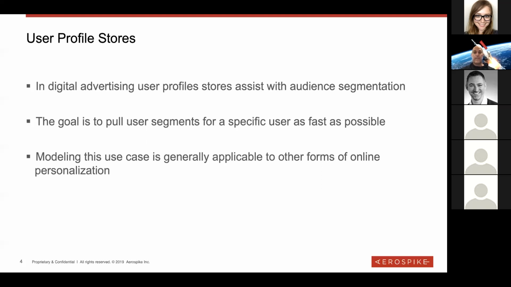So modeling this is generic for any type of online personalization. I've talked about the same technique with a very large e-commerce company, because when you go to an e-commerce page, they might want to get information about you, things that you've looked at, and compare you to a similar cohort.